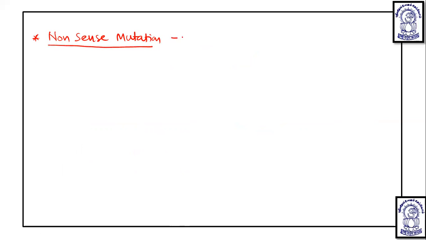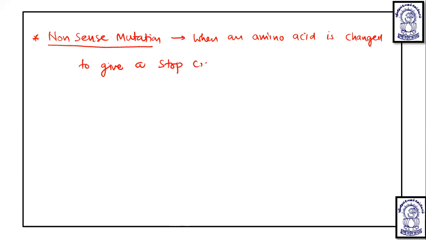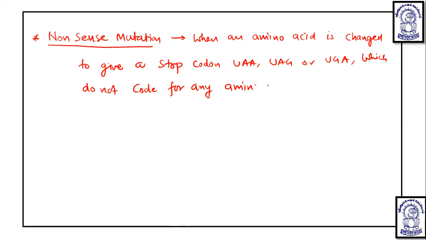In nonsense mutation, it occurs when an amino acid codon is changed to give a stop codon, that is UAA, UAG, or UGA, which do not code for any amino acid.